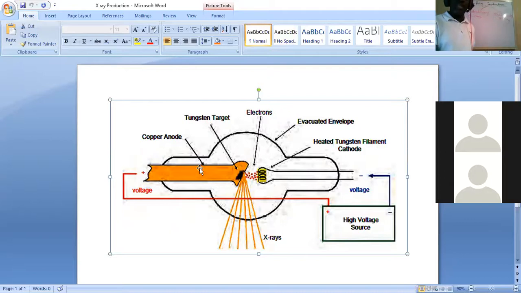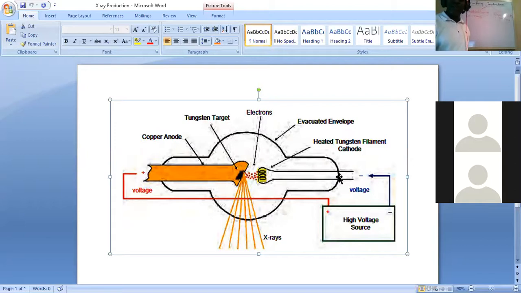Its function here is to conduct heat away from this tungsten. Before we go further, we need to know some of the little principles involved in the movement of electrons from here to this place.